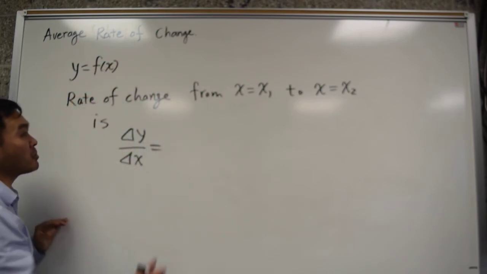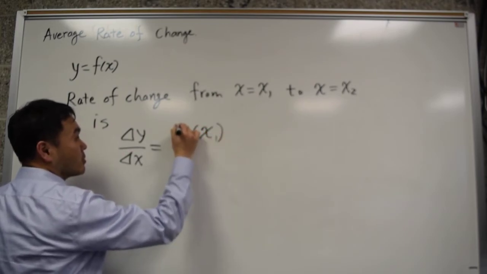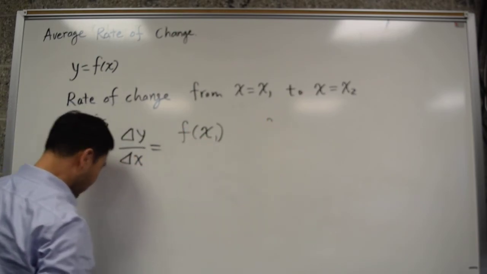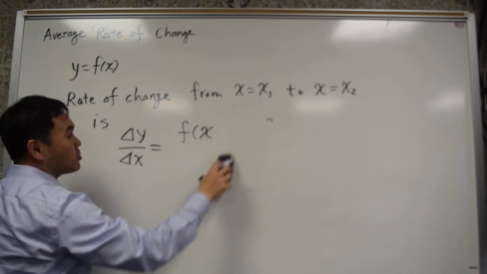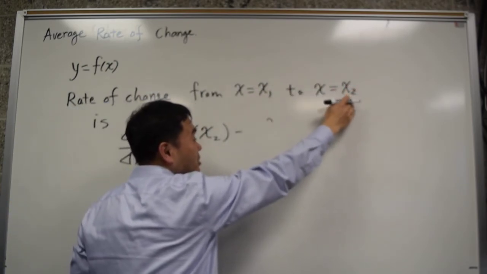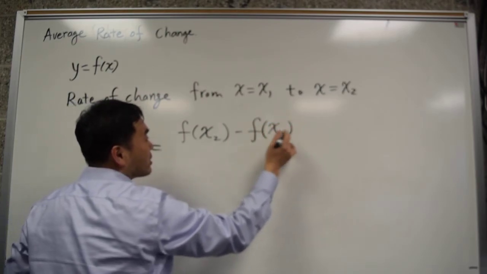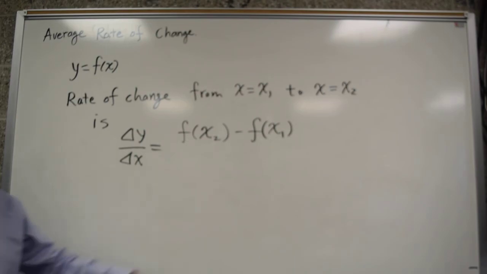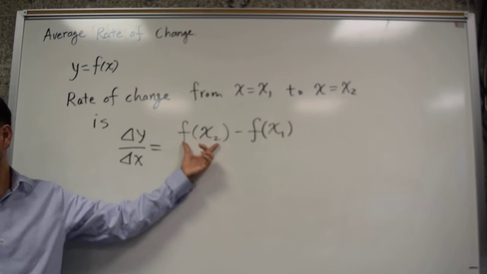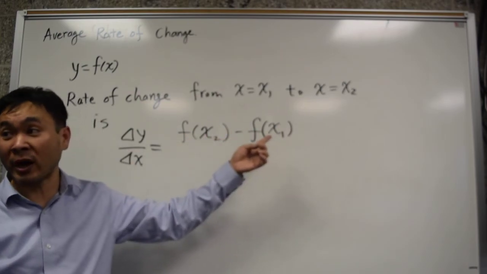So if you plug in x2 into the function, since it's terminal minus initial, you plug this in first. And then you plug in x1 into f. So that's your initial y value, and that's your terminal y value. And you do terminal minus initial. Final value minus the initial value gives you the change of y.